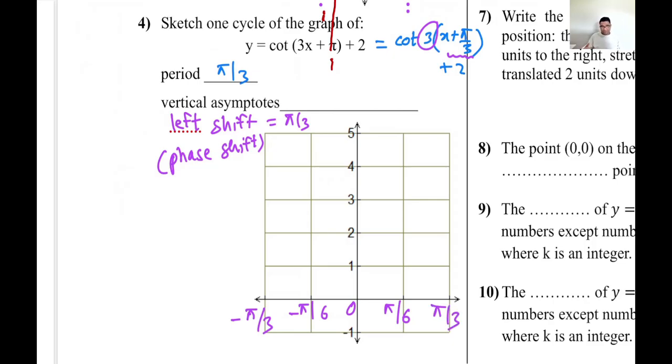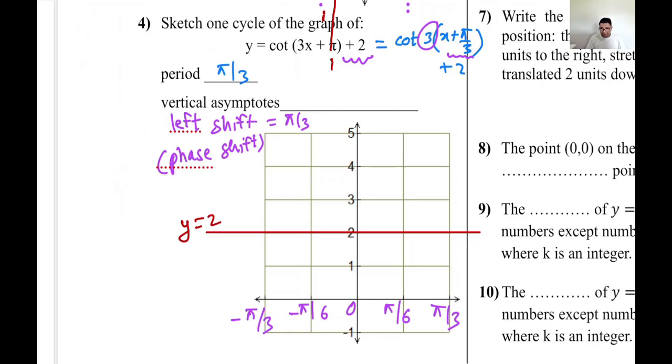So from 0 to pi over 3 it would complete one cycle, and between negative pi over 3 and 0 it will complete one cycle. I'm showing that. And there is plus 2, so vertically it has shifted up, which means your mean position now will be here, on the line y equals 2, the midline.